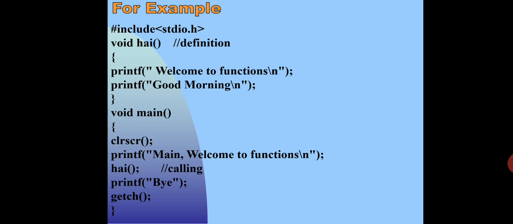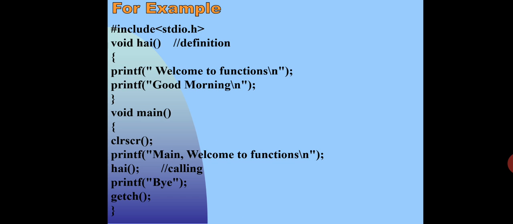This is the definition of the function. So, two ways we can define a function. Either we can define a function in the global declaration portion, that is before the main function, or we can define the function after the main function or inside the main function.